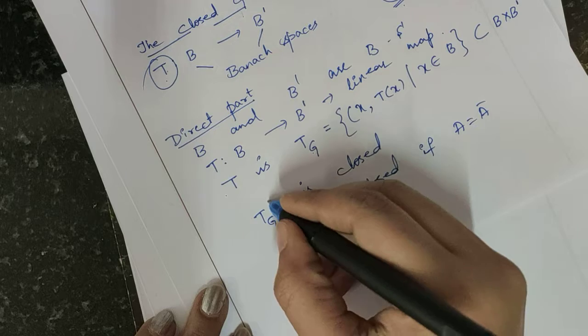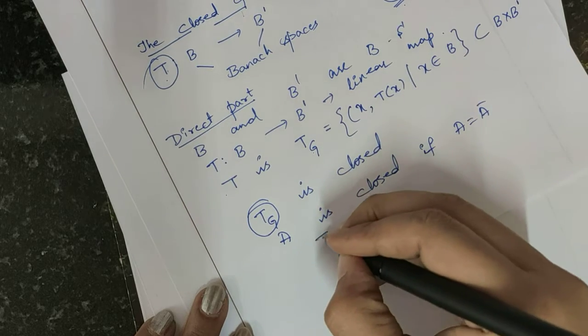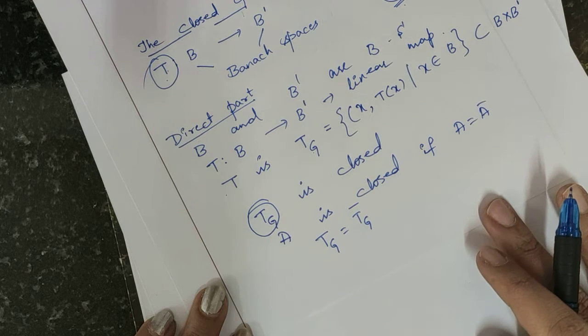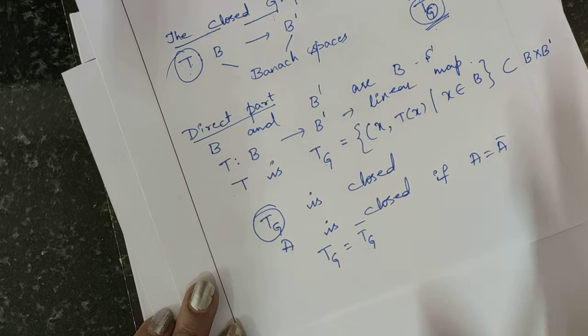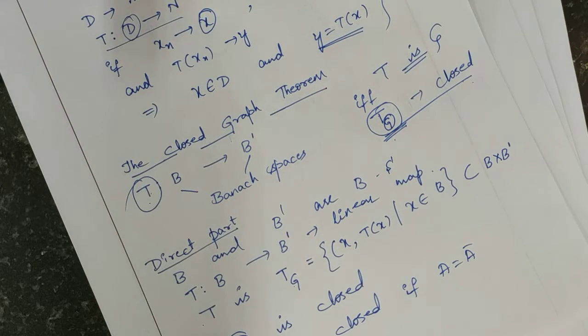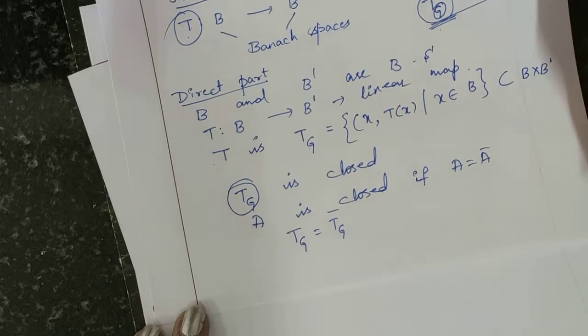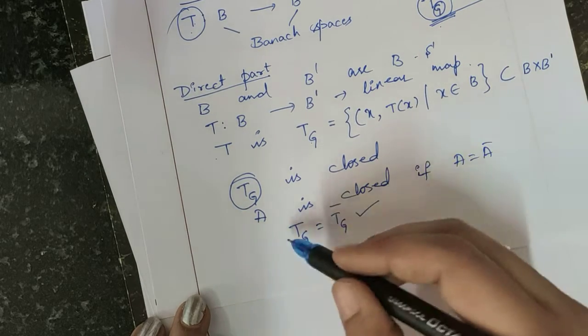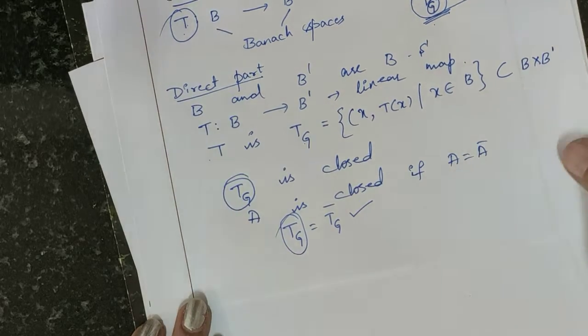So similarly, if I want to say TG is closed, I have to prove that TG is equal to TG closure. I am just using the concept of topology in order to prove that TG is closed. So any set is closed if the set and its closure are equal, right? So TG is equal to TG closure implies that TG is closed.